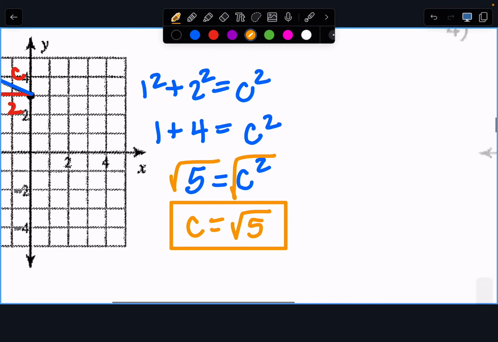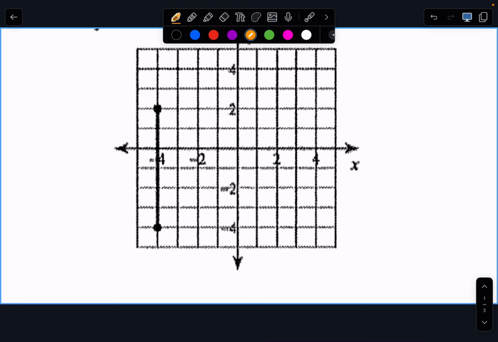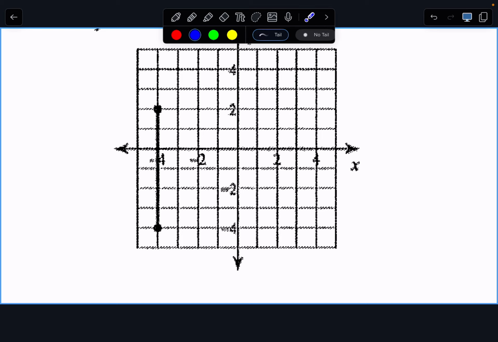Now, in number 4, what's true about number 4? The 2 points are what? They're vertical, right? If you have vertical or horizontal, do I need to make a triangle to figure out how far apart these are? Okay, let's count. 1, 2, 3, 4, 5.